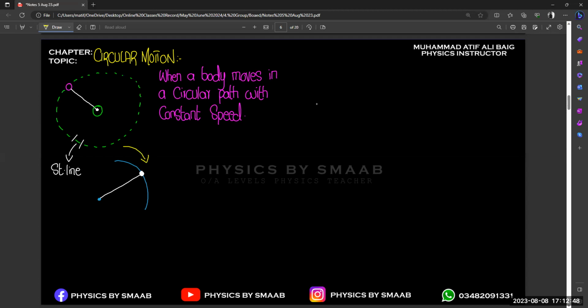So this will be the direction of velocity, like this. And because of the tension in the string, because the string is connected with the spherical object, force will always act towards the center of the circle, right? This will be the tension force.